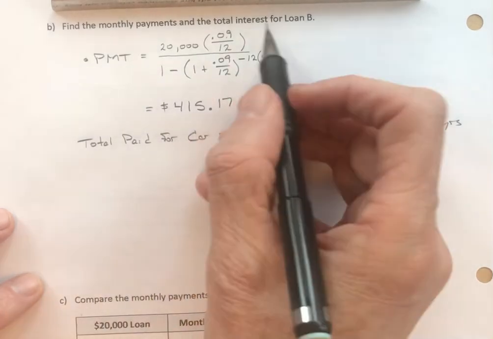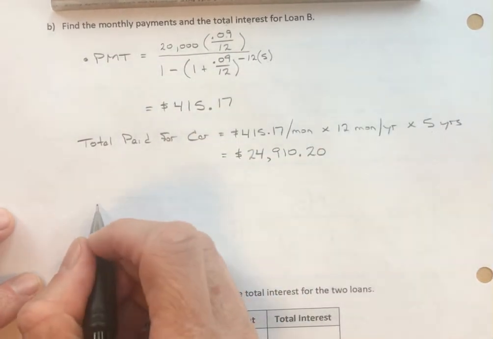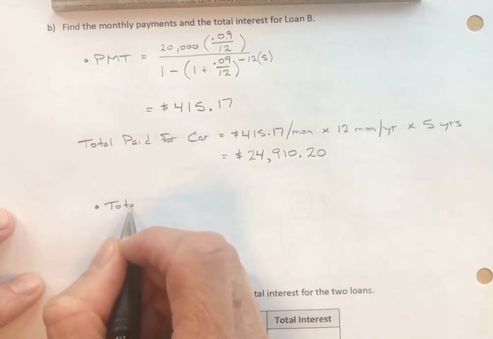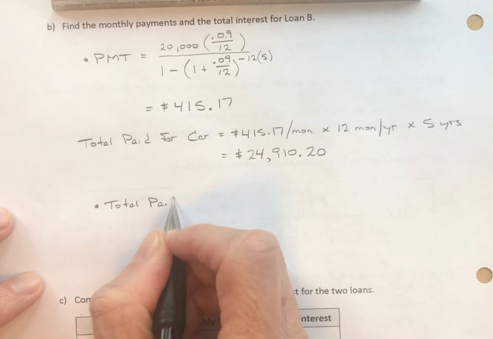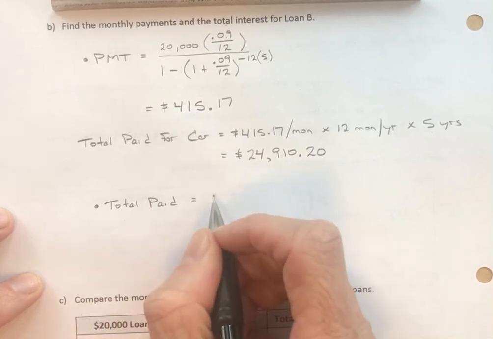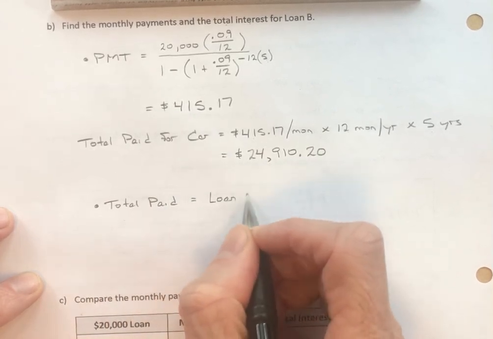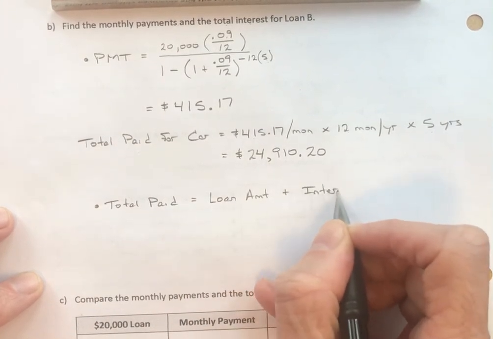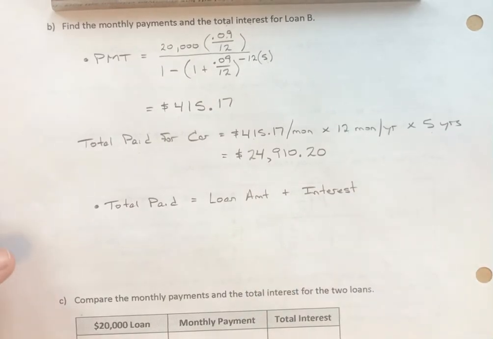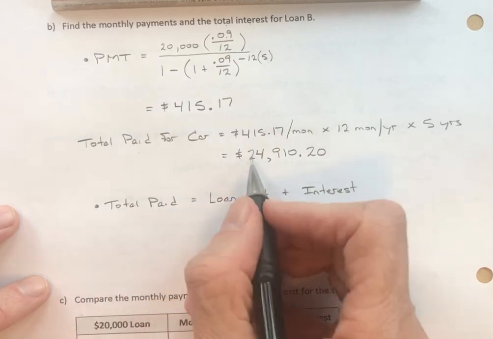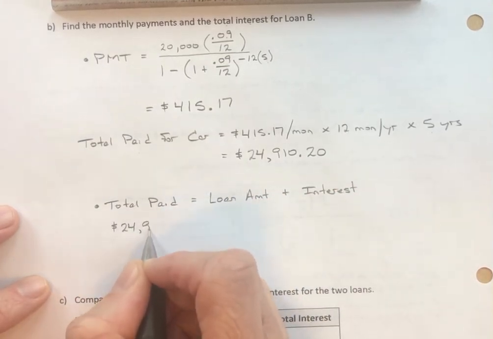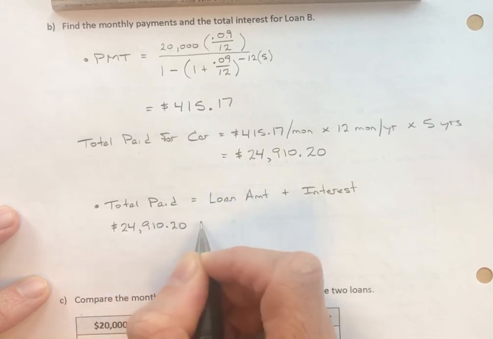Okay, so now, what's the total interest? All right, so we know that the total paid is equal to the loan amount, the $20,000, plus the fee that the bank is going to charge to give you the money so you can buy that car before you have the money. Okay, so we know the total paid here is $24,910.20.